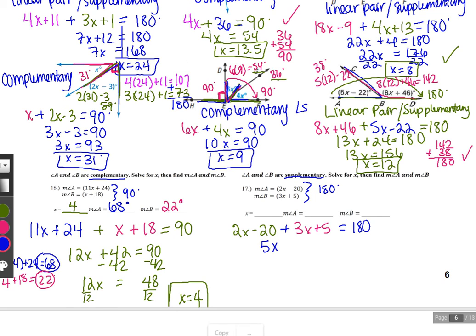Moving 15 on both sides. So I have 195 equals 5x. And then I'm going to divide by 5 on both sides. And so x should equal 39.